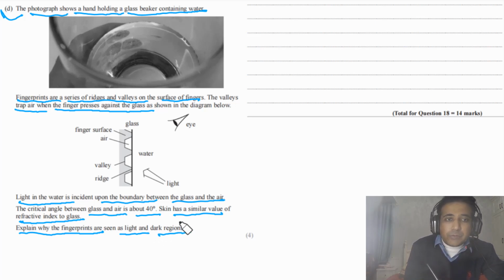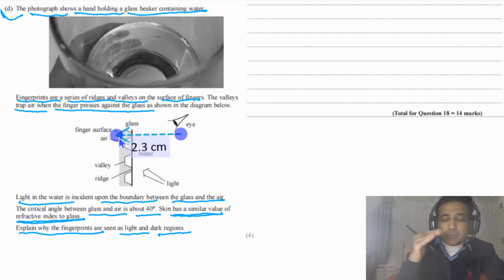So first thing we need to understand is that skin has a similar value of refractive index to glass. So it simply means that if the light is coming from the glass, we can draw this arrow here. So this light will just be transmitted, it will just go straight.